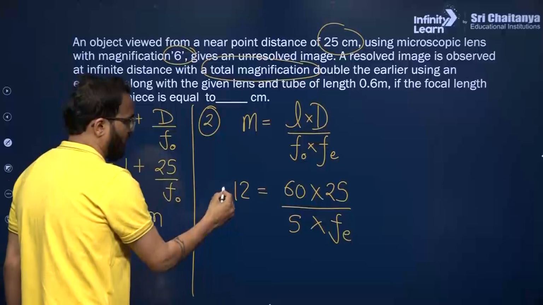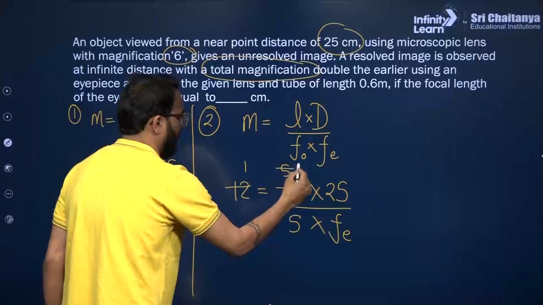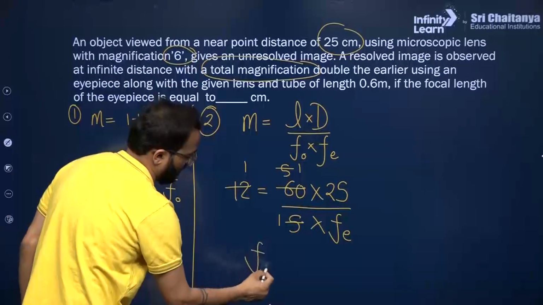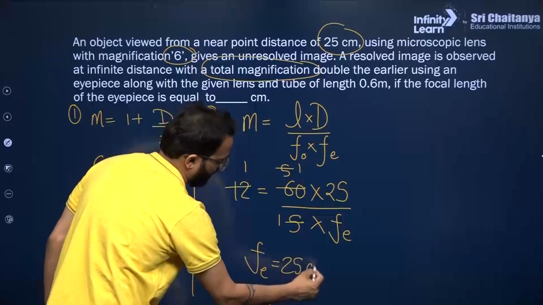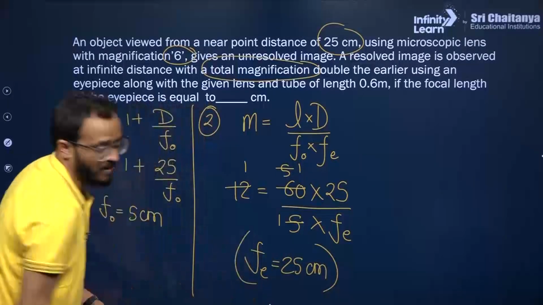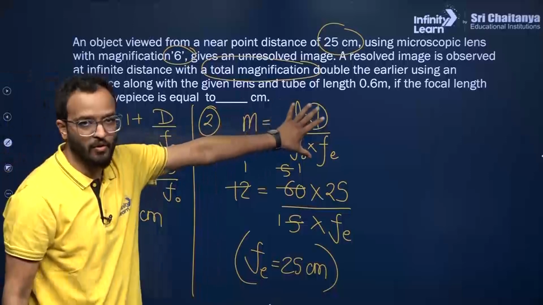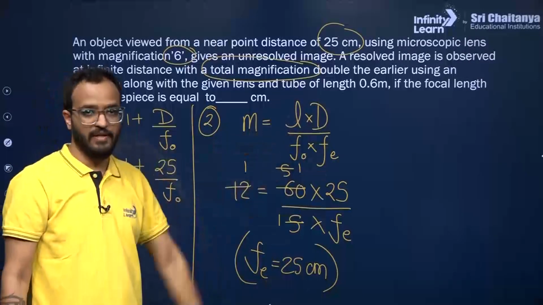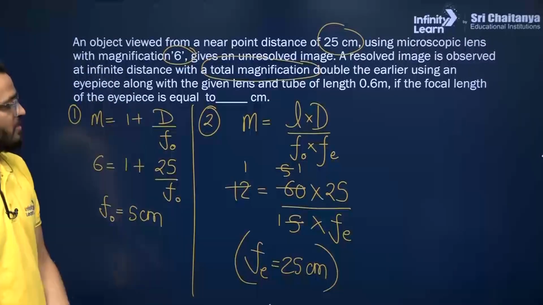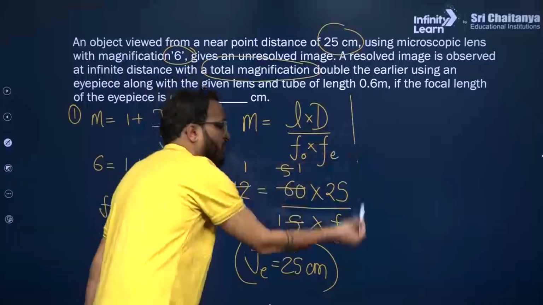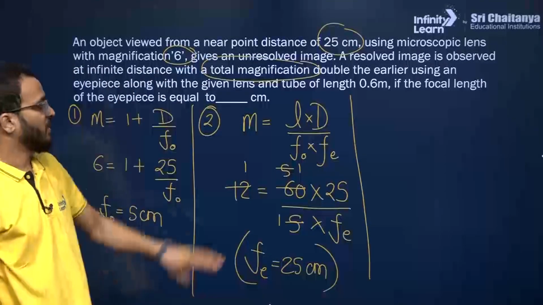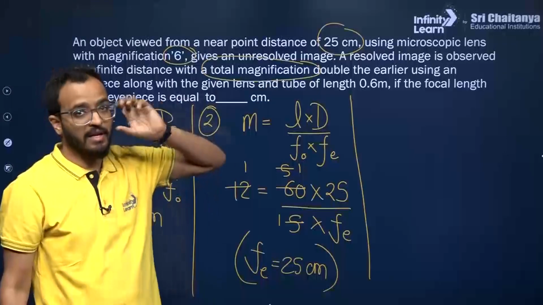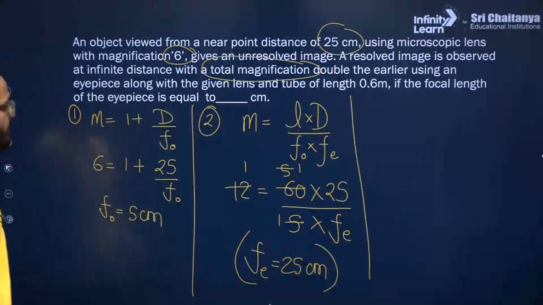Now 12 ones are 12, 5s are 5, so Fe comes out to be 25 centimeter. So for a compound microscope for infinite adjustment, this is the formula, right? L D by f naught Fe. Just put the values and get your answer. Okay. Usually students do not remember this in terms of length. So that is why this formula is used in this question.